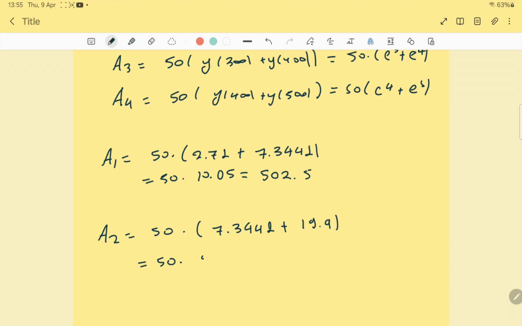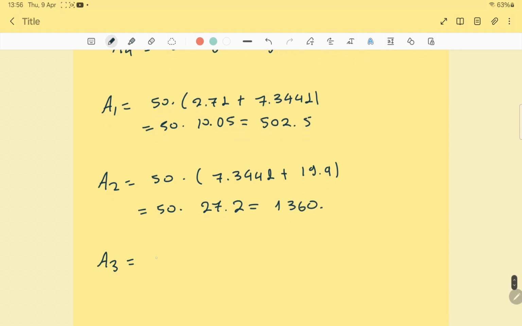So that's going to be 50 times 27.2. That's going to be 1360.